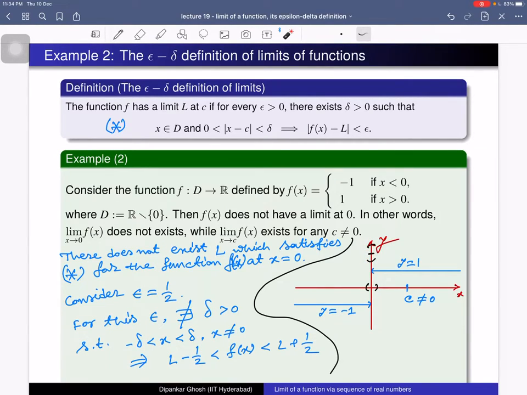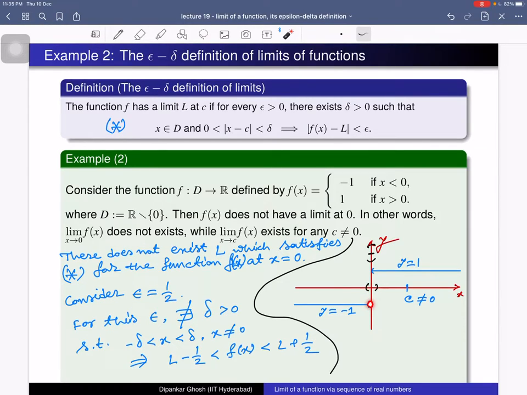But you can see that whatever delta you choose, it is not satisfying this condition, right? Because if you consider this delta neighborhood, for all the negative real numbers in it, the function value is -1.